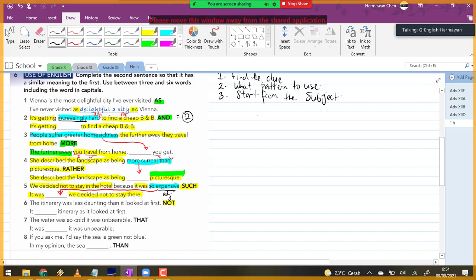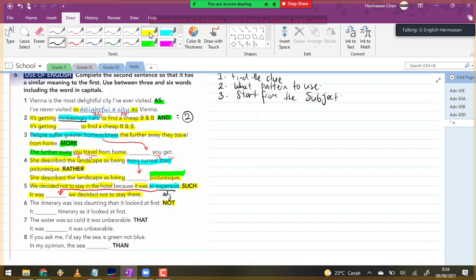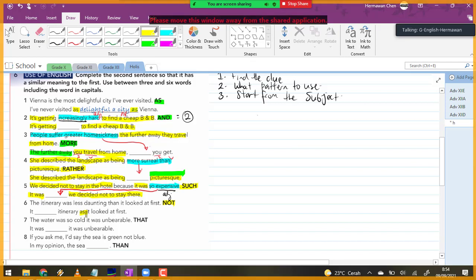Look at the sentence. The itinerary was less daunting than it looked at first. The question doesn't give you the clue, but part of the answer gives you the clue. We have to use as here, as it looked at first.